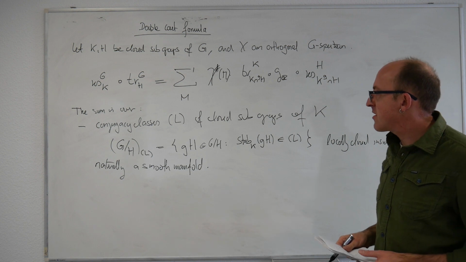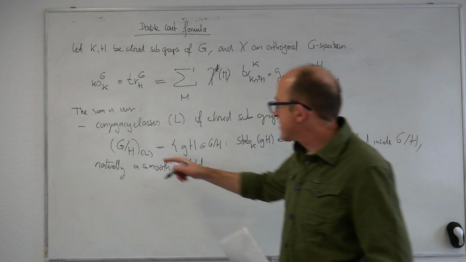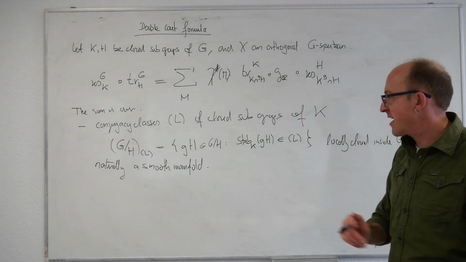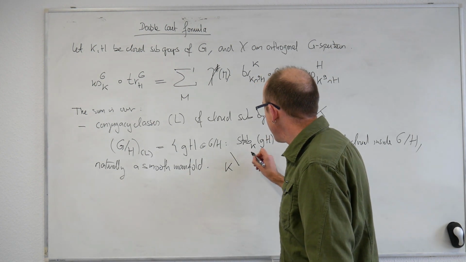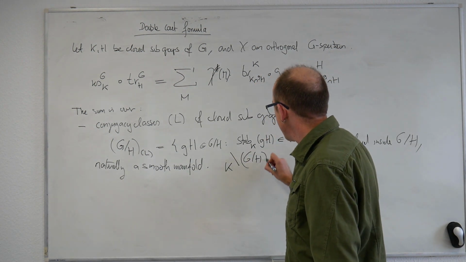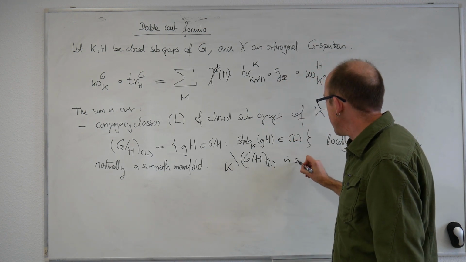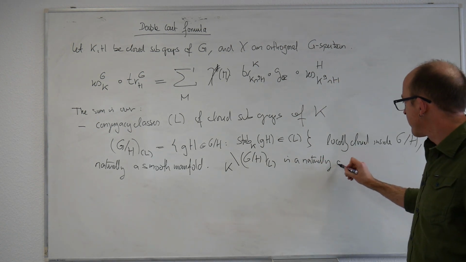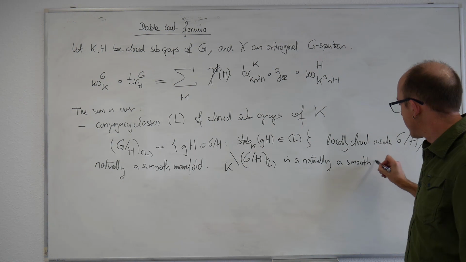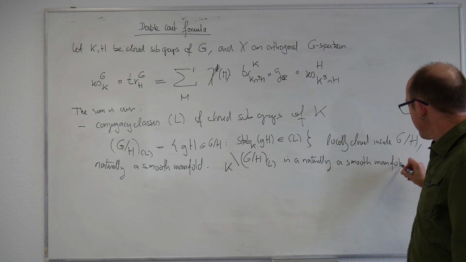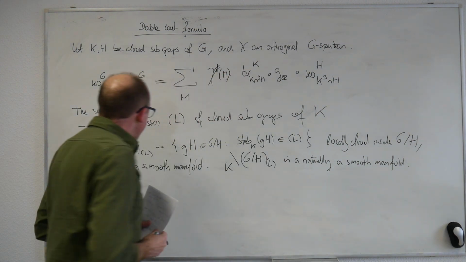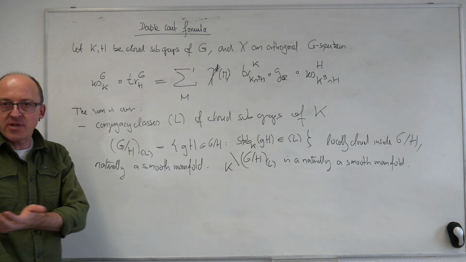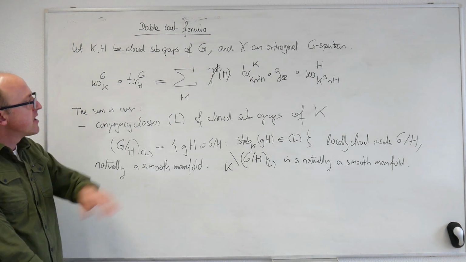So as I said, it's K-invariant, so K acts on this, and because this has only one single conjugacy class of isotropy, the quotient map is again nice, and if we divide out the action of K on the left, this again is naturally a smooth manifold. Actually, the quotient map is a smooth fiber bundle. But typically not compact. So we're summing over conjugacy classes of closed subgroups of K, and there will be typically infinitely many such conjugacy classes.